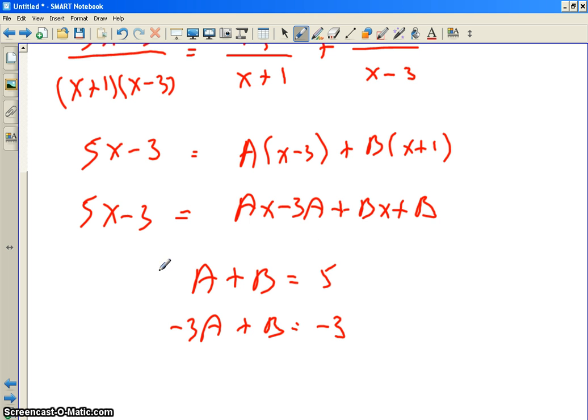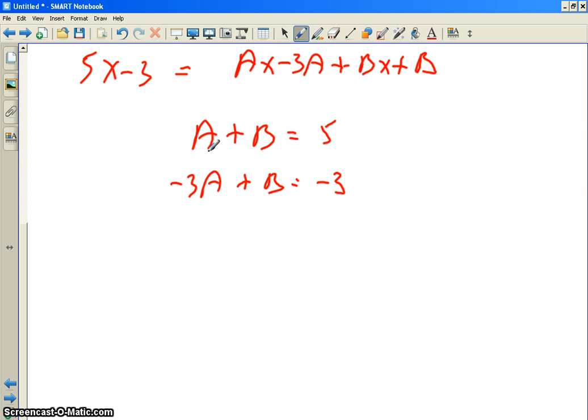Okay. Do you know how to solve two equations in two unknowns? This is almost like I said, I have a line, a plus b equals 5, and negative 3a plus b equals negative 3 is another line. Where do they intersect? You could subtract, right? We could do elimination. Since we have the exact same number of b's, what if I subtract the bottom from the top? The b's will cancel. I can solve for a. And let's see, what do we get?